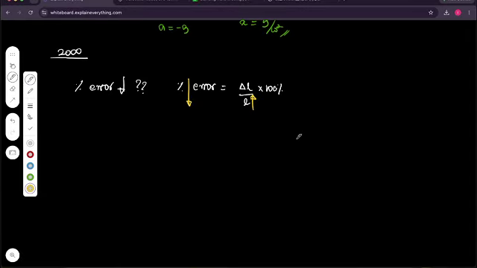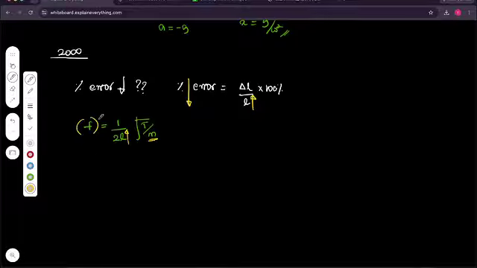Now, how to increase the length for a given tuning fork? Let's say you have a tuning fork, then we know that we can get this relation: f equals 1 over 2L root T upon m. Now, because it's a given tuning fork, frequency will not change. Given wire, m will not change. But you want to increase L. To increase L, you only have one option, that is the tension.